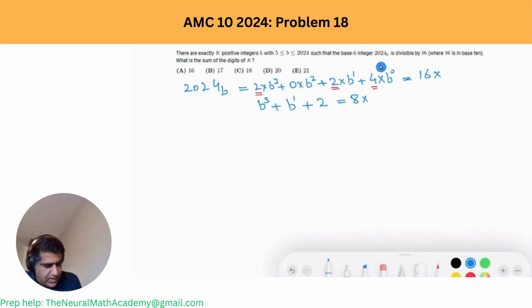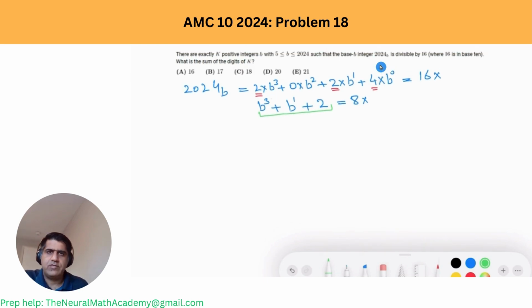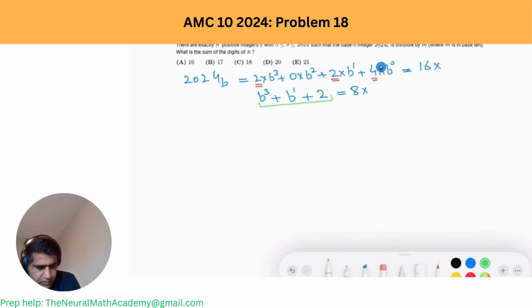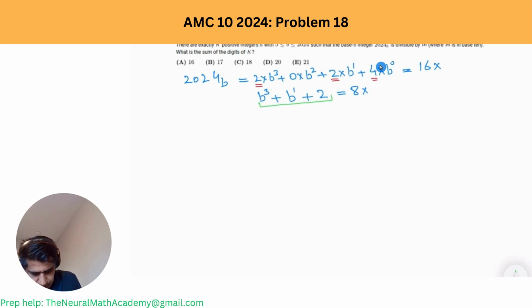So basically the number that we have should be divisible by 8. Now we need to find for which numbers this expression is divisible by 8. What we can do is start with 0 and go all the way up to 7. So if b is 0, then if we solve, the remainder is 2. So that is not divisible by 8, so we will not count it.